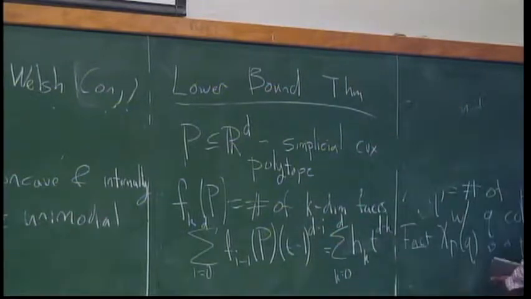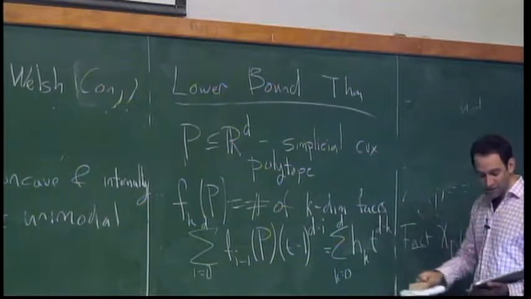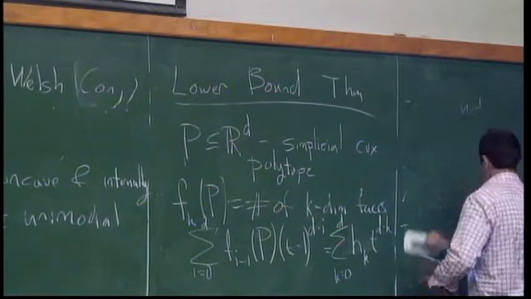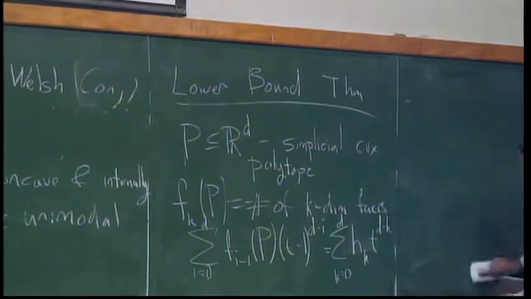And the Dehn-Sommerville relations tell you that the h numbers form a symmetric sequence. And that isn't very deep. It's messing around with Euler characteristics.